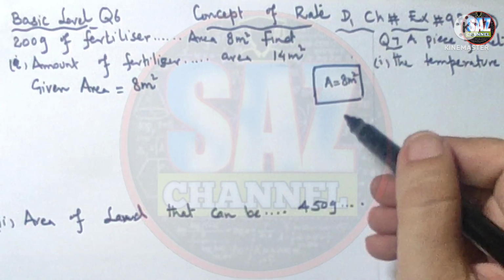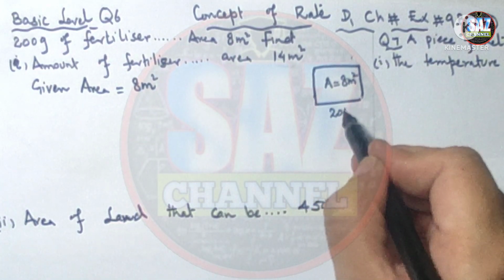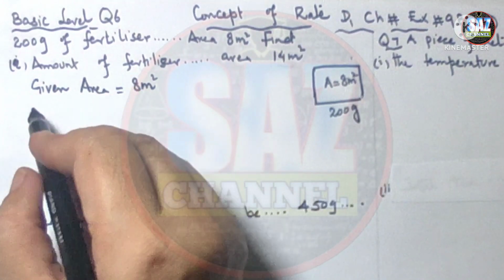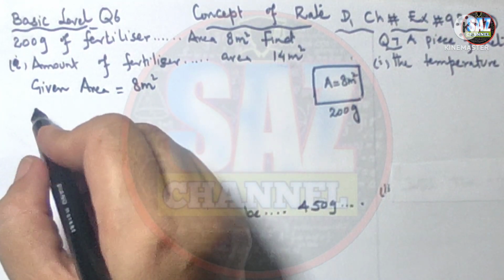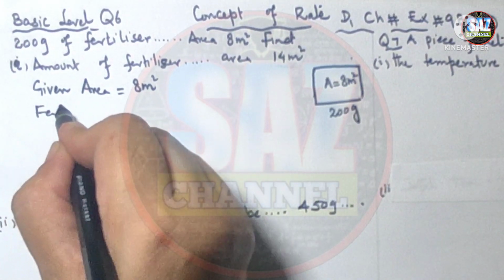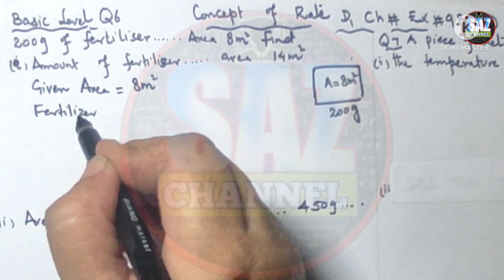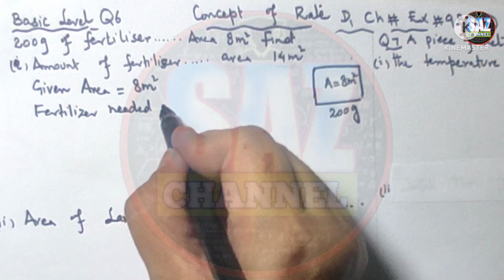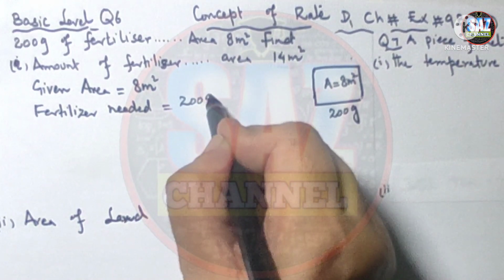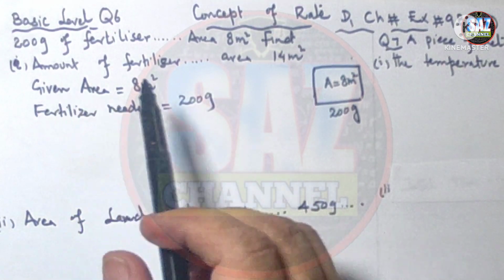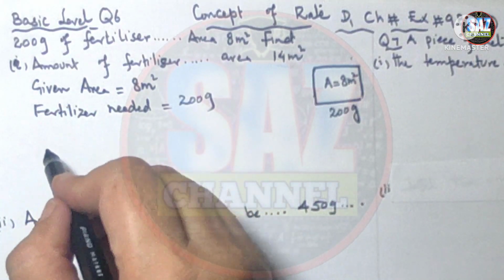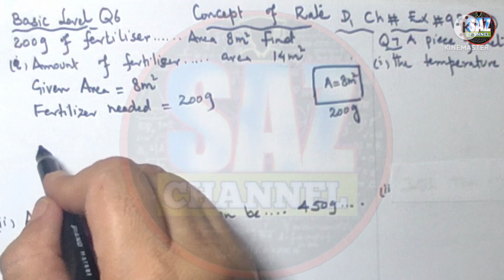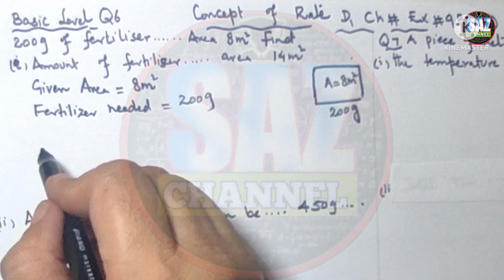And how much fertilizer is needed? 200 gram of fertilizer is enough for 8 meters square. Fertilizer required or needed, you have to learn the alternative statements as well, is 200 grams, and we have to find the amount of fertilizer which is needed for 14 meters square.